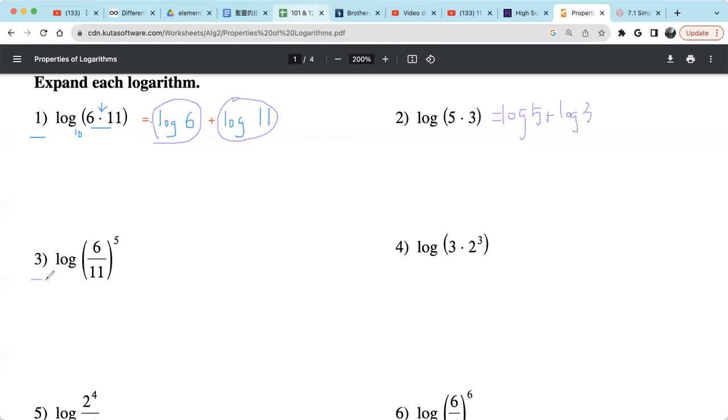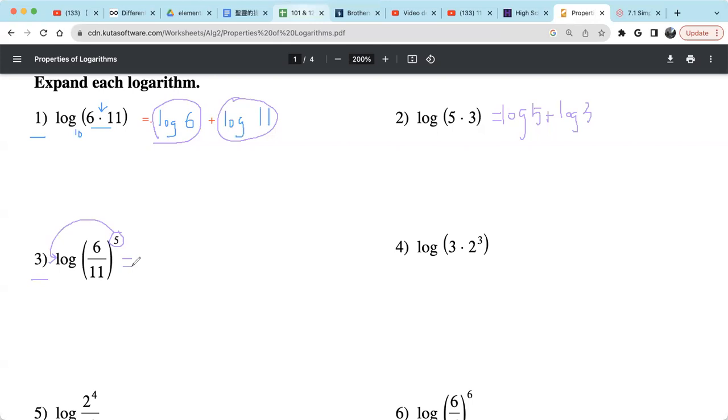Now let's see 3. In 3, we have a quotient, right? We have a fraction, 6 over 11, and then this value raised to 5. So the log property says if the value is raised to a power, we can put this exponent in front of log.